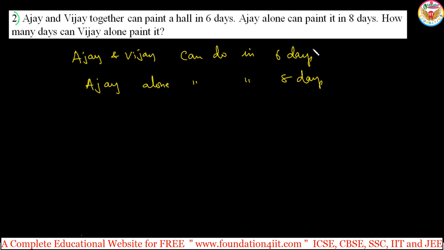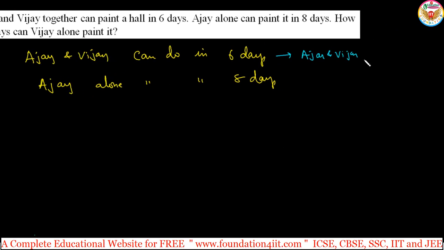Now according to this, these two together take 6 days. That means Ajay and Vijay together in 1 day can do 1 by 6th part. Only Ajay's 1 day is 1 by 8.